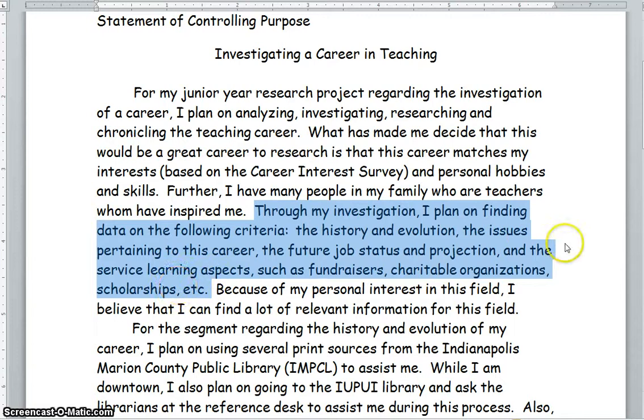Don't assume that your reader is going to be one of your English 11 PLC teams. You need to be very thorough in your introduction, telling your specific reader what your topic is, why you've chosen that topic, how you think you're going to be successful in accomplishing that, meaning why it's going to match what you'd like to work on.